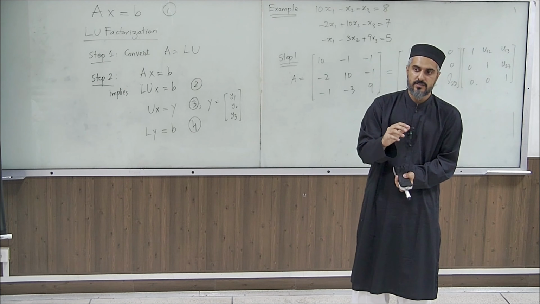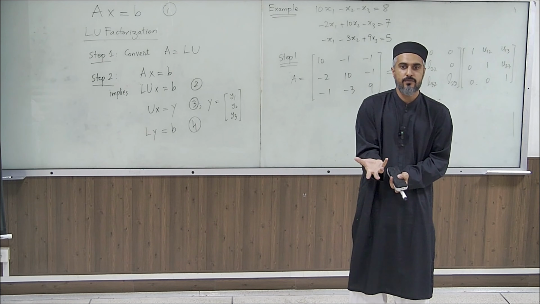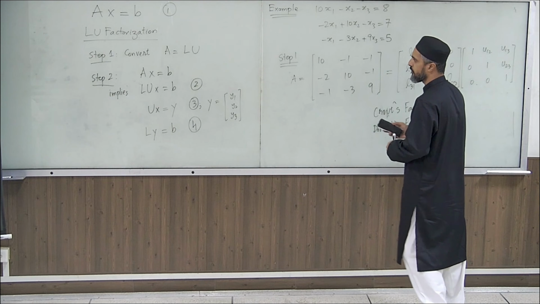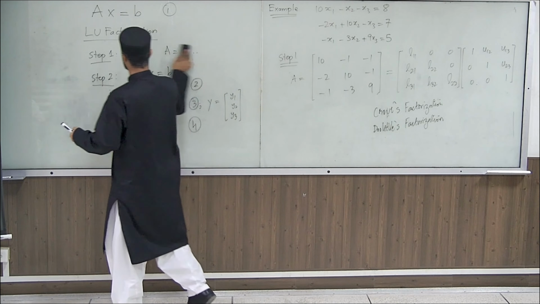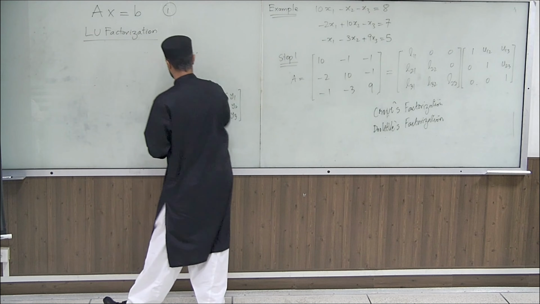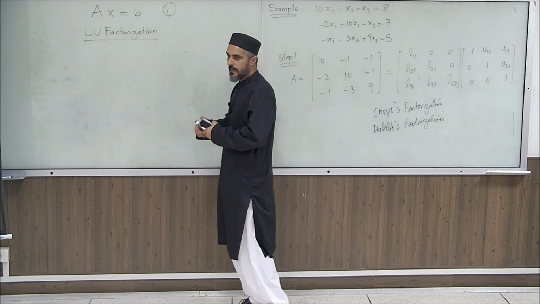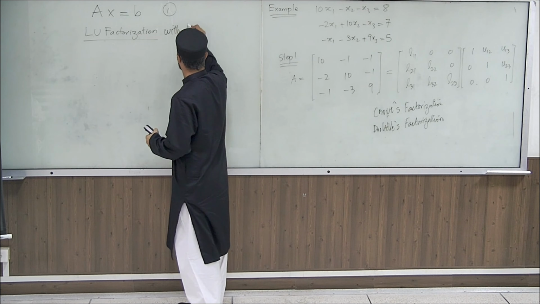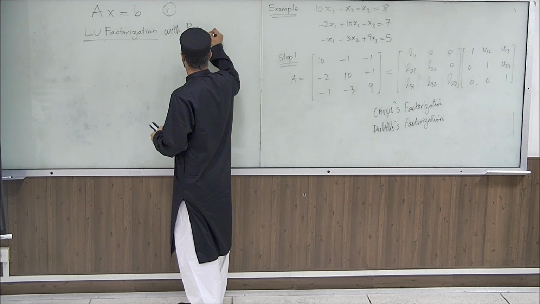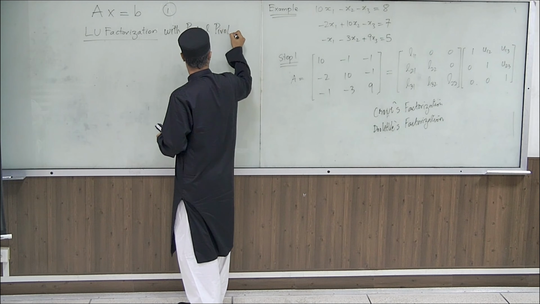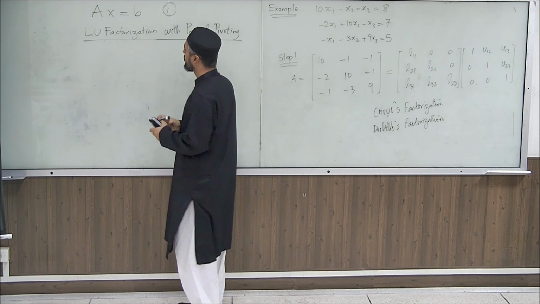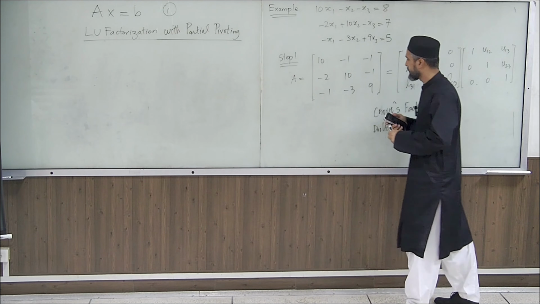Because this is the same issue that we encounter with the Gauss elimination, as a pivoting problem. So the procedure we're going to do is called LU factorization with partial pivoting.